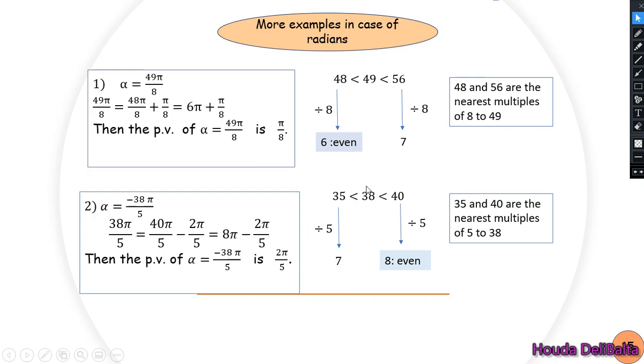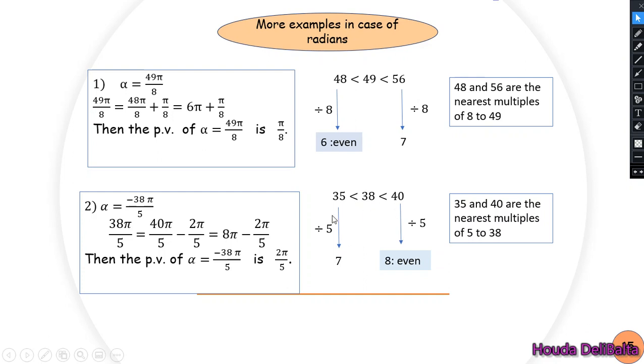So we take the numerator, which is 38, and we bound it between a number less than it and a number greater than it that are the nearest multiples of 5. So the nearest multiples of 5 to 38 are 35 and 40.